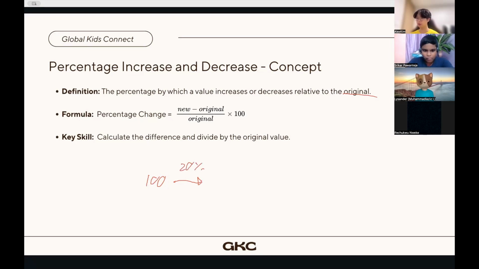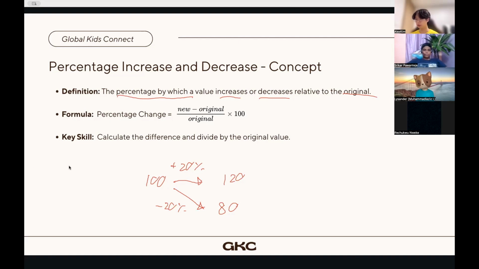So this 20% will be the percentage by which a value increases or decreases. So if it increased, it would equal 120. But if it decreased by 20%, then we will say it will be 80. And so this is what we mean by increases or decreases by percentages.